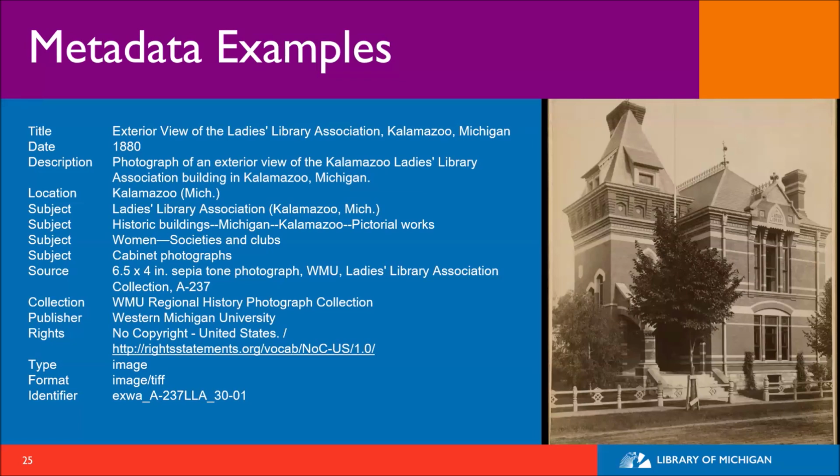This uses qualified Dublin Core for its structure. The title is Exterior View of the Ladies Library Association, Kalamazoo, Michigan. The date is 1880. We know this because it was written on the back of the card. We have a field labeled location, which is a qualified Dublin Core element of coverage spatial.